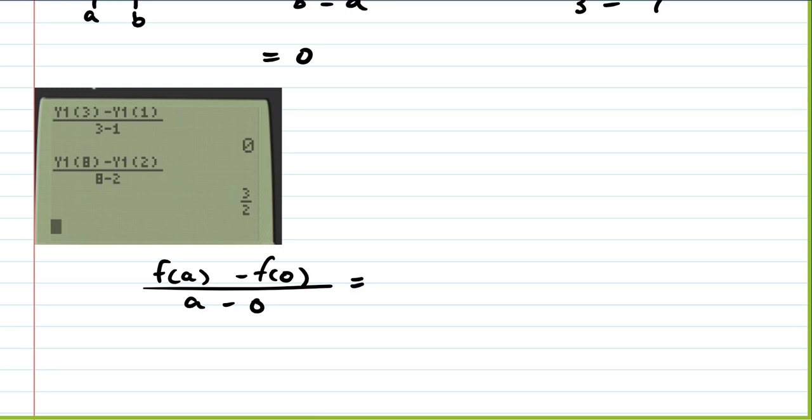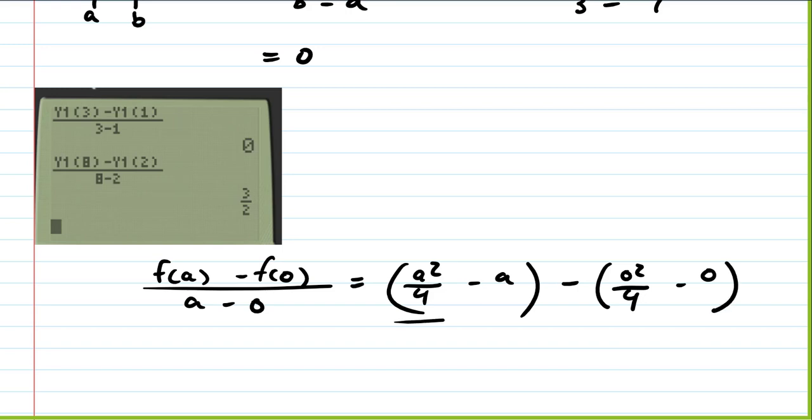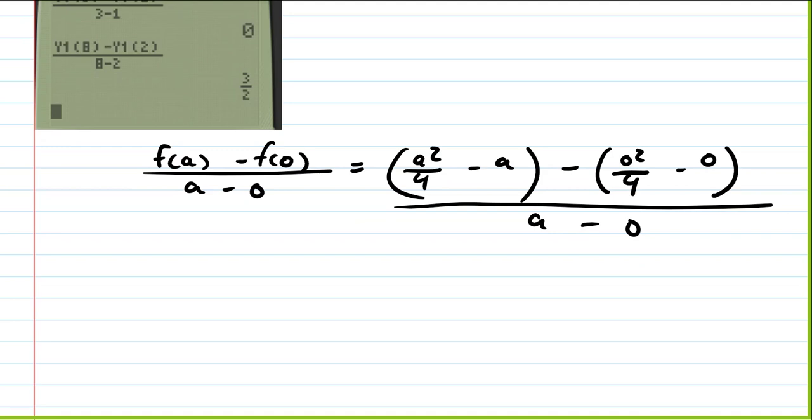Well, f of a would be a squared over 4 minus a, minus 0 squared over 4 minus 0, all divided by a minus 0.